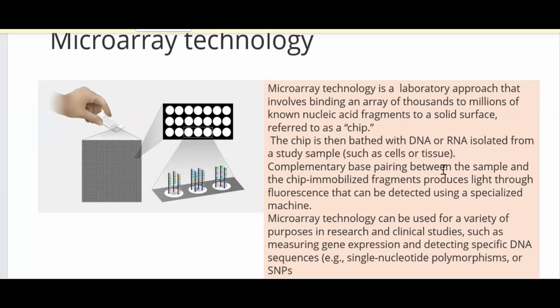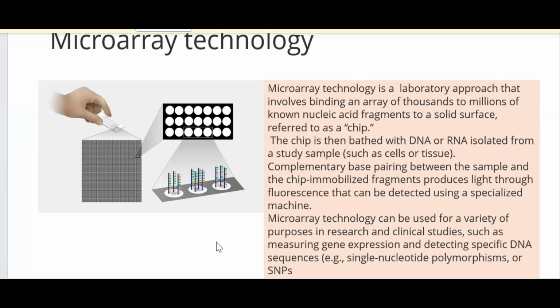Now the point is, when we say microarray technology, as I said earlier, it is a high throughput method. Though here in the diagram we are seeing a few, two or three on a dot, when you talk about the technology, you can have an array of thousands or millions of nucleic acid fragments attached or immobilized onto this glass or plastic surface or the silicon wafer.